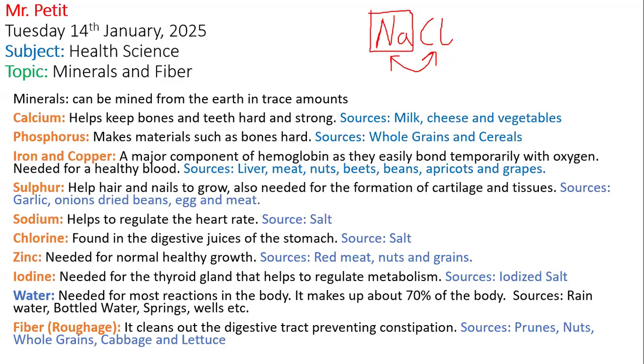A scratched bow and arrow, is that kinetic energy or potential energy? Potential. Very good. A released arrow. Kinetic. Very good. So kinetic is energy in motion, and potential is energy that is stored.